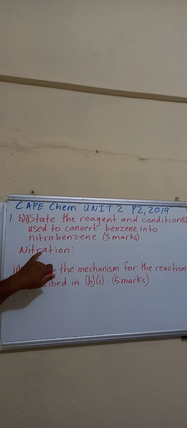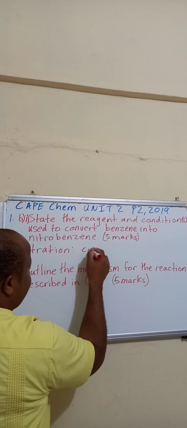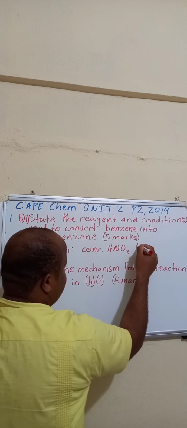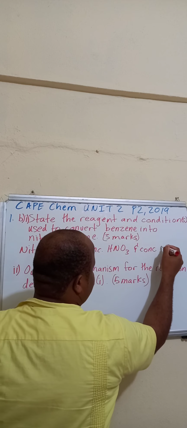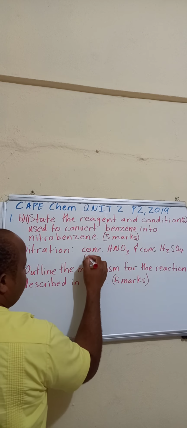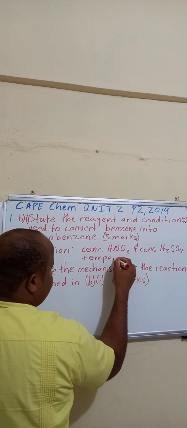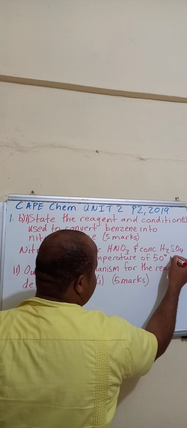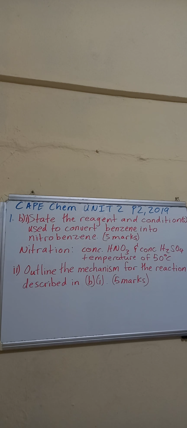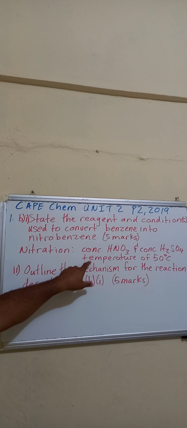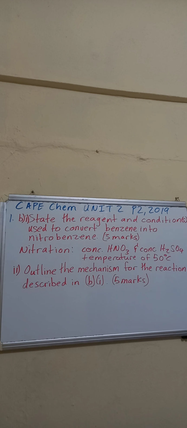For nitration of benzene, we are going to use concentrated nitric acid and concentrated sulfuric acid, and a temperature of 50 degrees Celsius. So the reagent is concentrated nitric acid and sulfuric acid, and the condition is the temperature of 50 degrees Celsius.